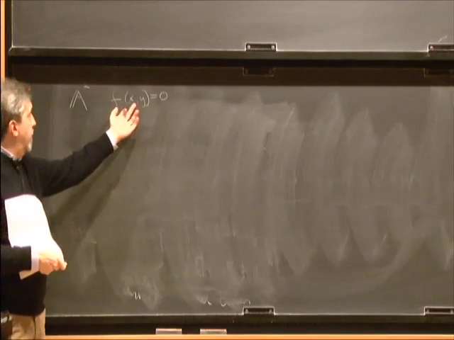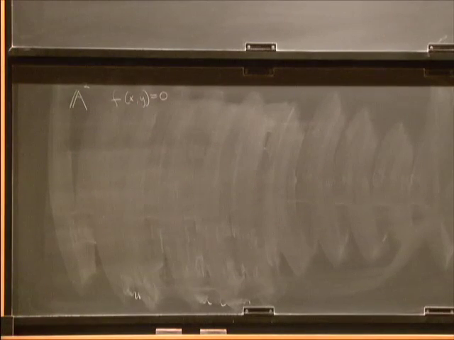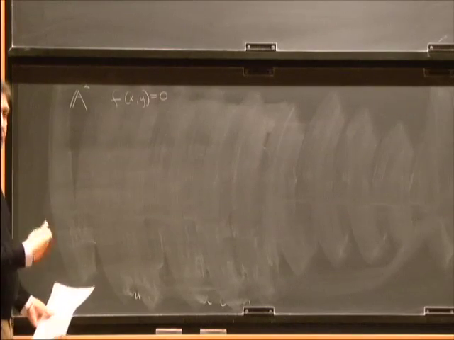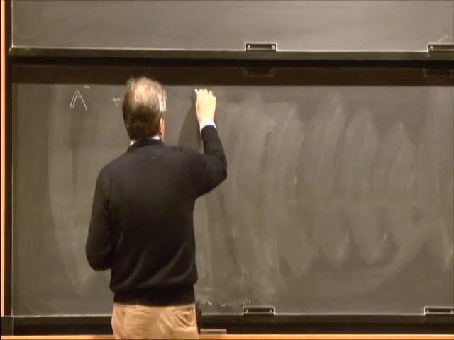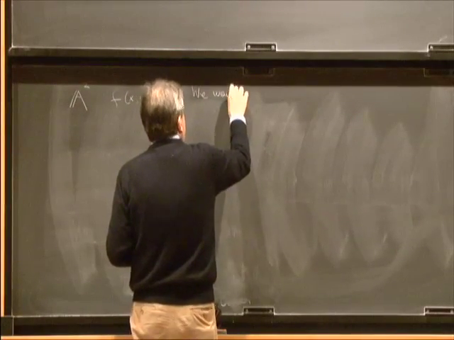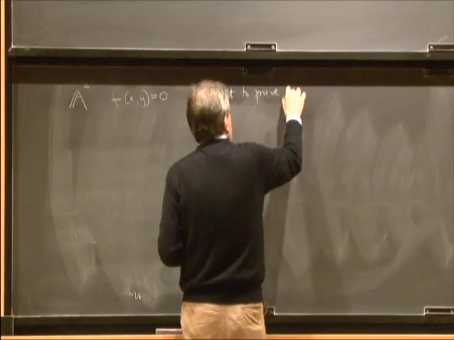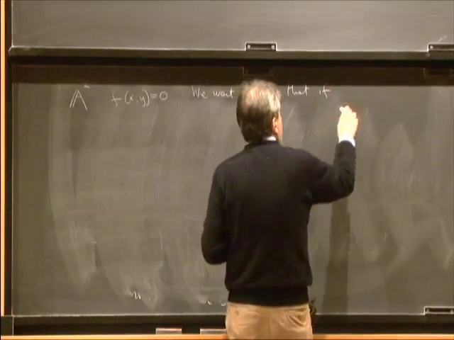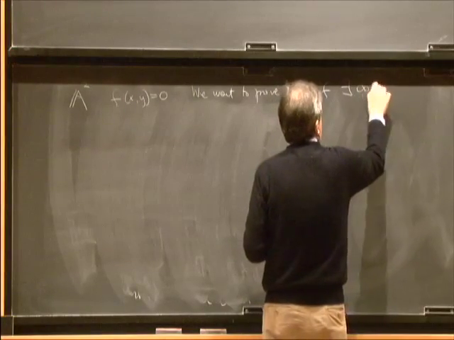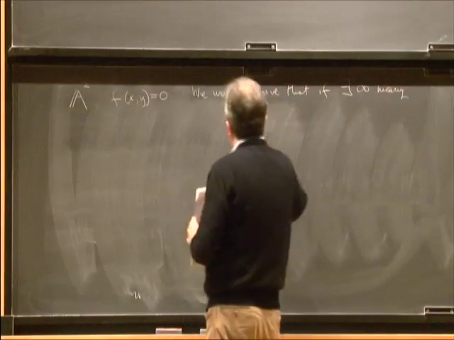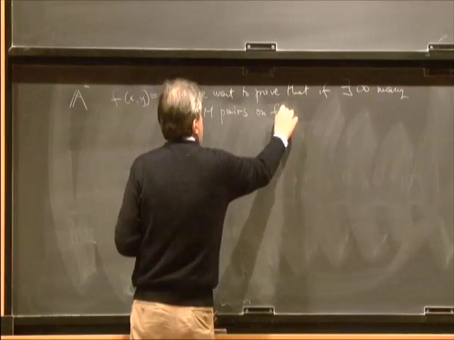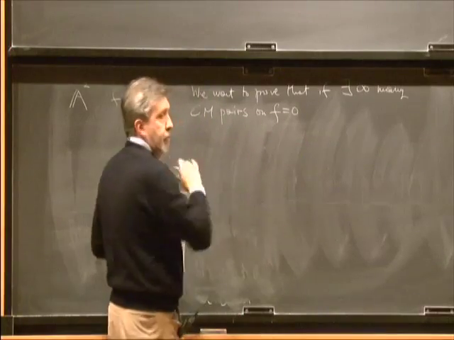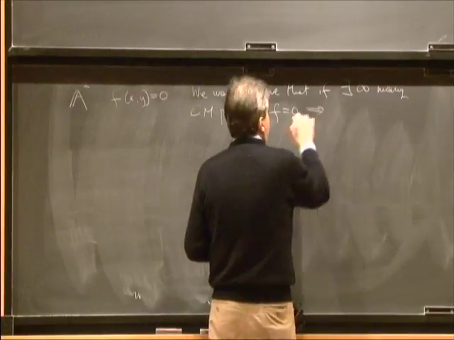Simply the pairs with both coordinates corresponding to CM values of invariants. So these are the special points. We want to prove that if there are infinitely many CM pairs on the curve, which is supposed to be irreducible, then this curve is a special curve.